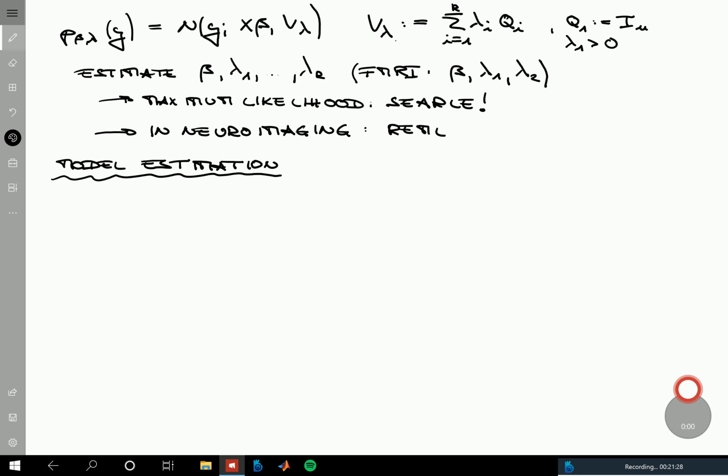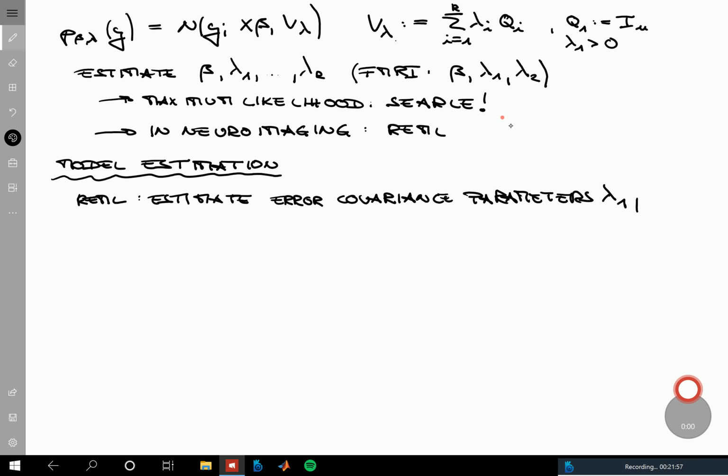The basic idea of REML is to estimate the error covariance parameters after the X beta, the deterministic effect, has been removed.